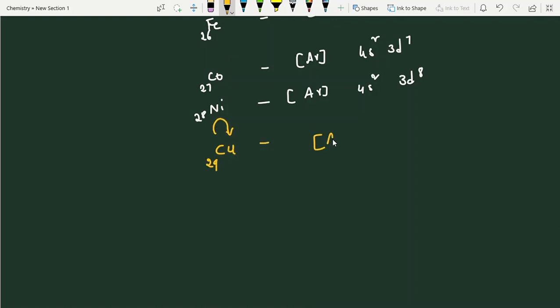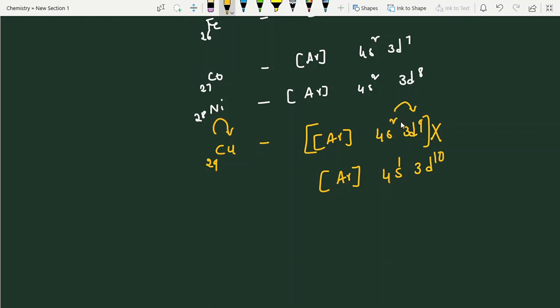That means actually the expected case is 4s2 3d9, so this is wrong. So students, what is this? Argon 4s1 3d10. One electron exchange. Okay, so you need not write this in the examination. This is the expected case, for understanding I'm telling.